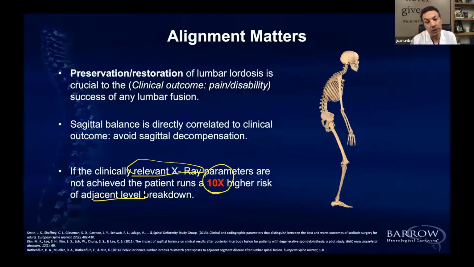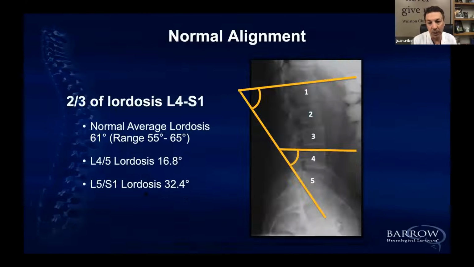We don't understand 100% proximal junction failure, but we know 100% if you fuse these people flat, they're gonna come with adjacent segment failure. And the problem is everything starts with the first fusion of the second level. So what you don't want is to have that.